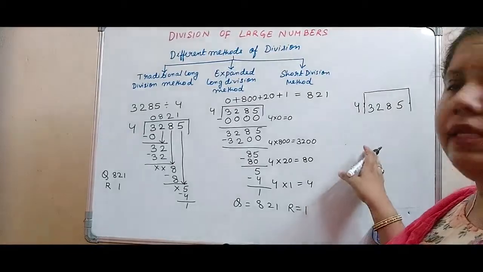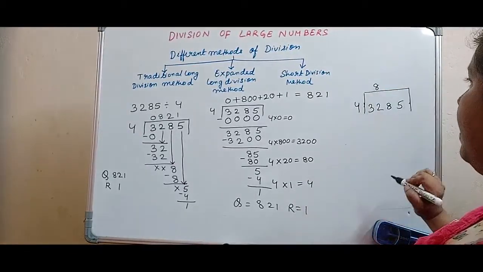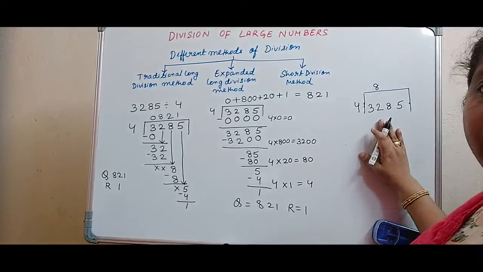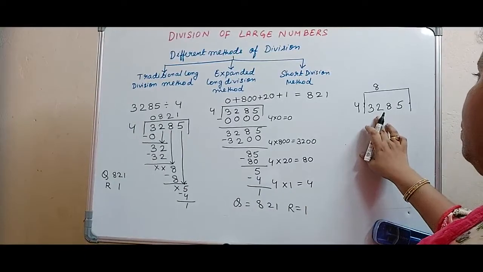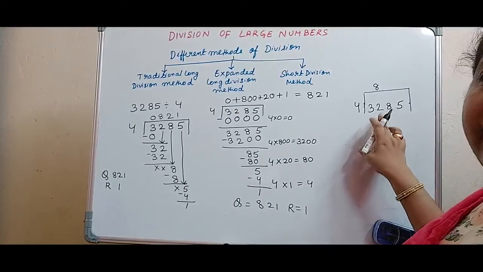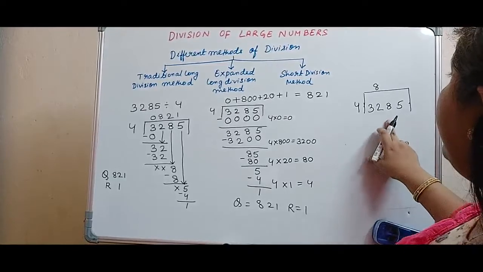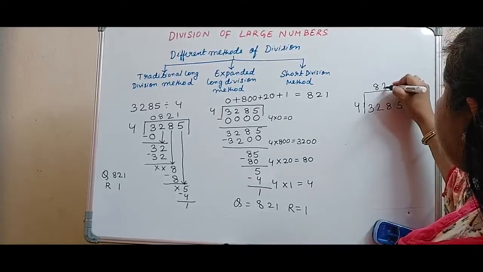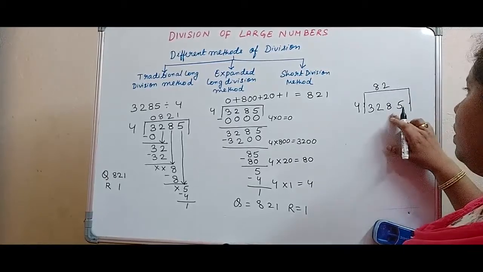So we write 8 in the quotient place and we do the subtraction here. After subtraction, 32 minus 32 is 0, so nothing is carried to the adjacent place. So we can directly write 4 2s are 8, because 4 1s are 4 will be very less. 4 2s are 8, so we got the exact thing.